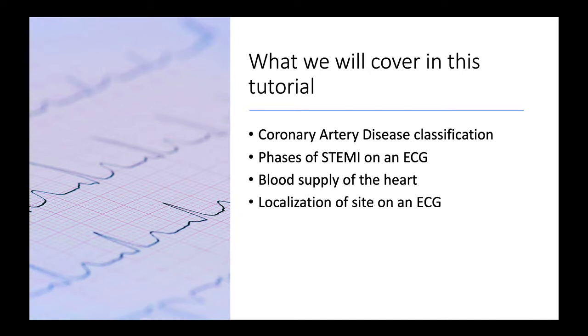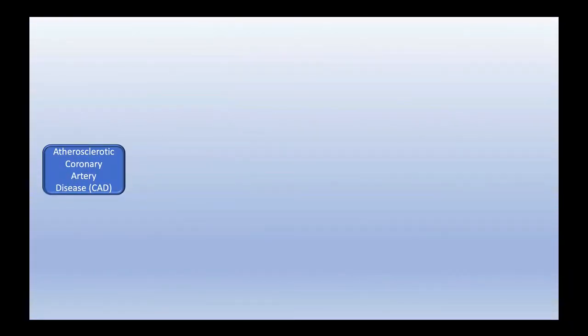And once we do that, we'll be able to further localize the site of the infarction on an ECG. And then finally we'll look into the differential diagnosis of ST elevation MI, which can be quite challenging at times in clinical practice.